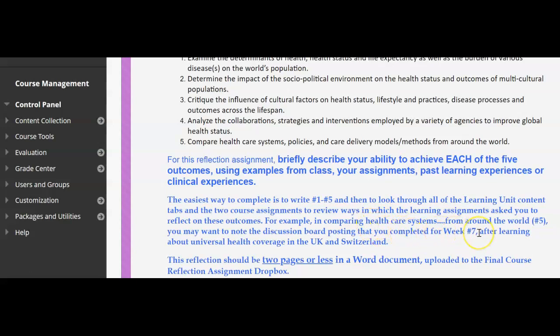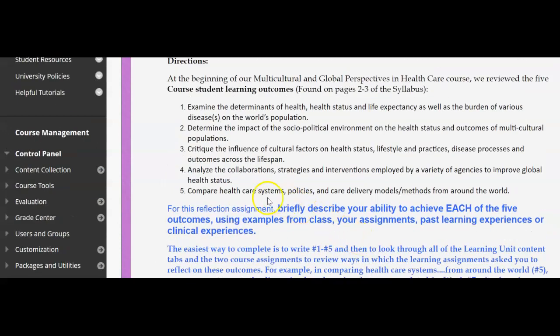Oh yeah, week 7, we learned about universal health coverage in the UK and Switzerland. That's how you're going to demonstrate that you've met that outcome. Maybe there are other times too, maybe in learning unit number 4, you had additional information about healthcare systems from around the world.